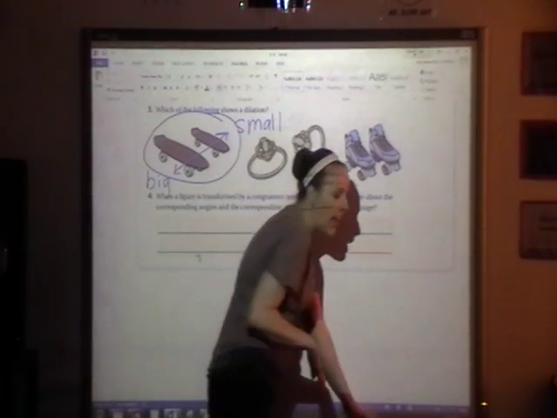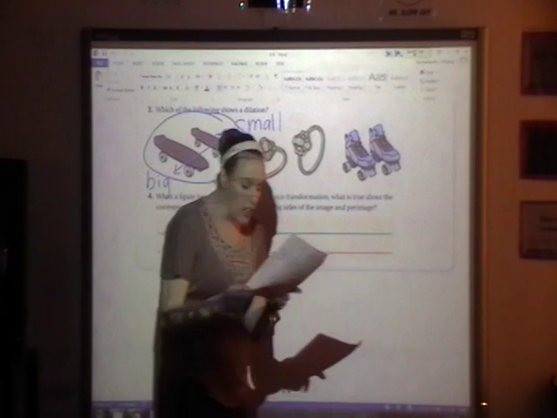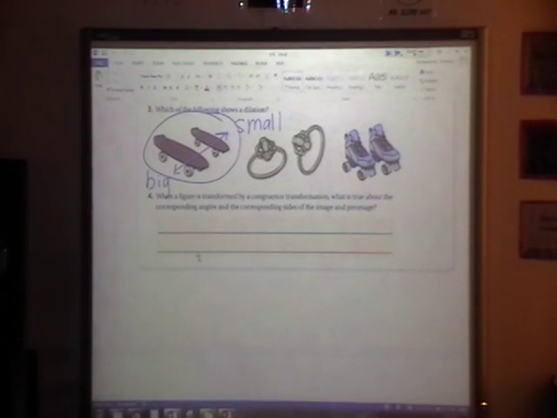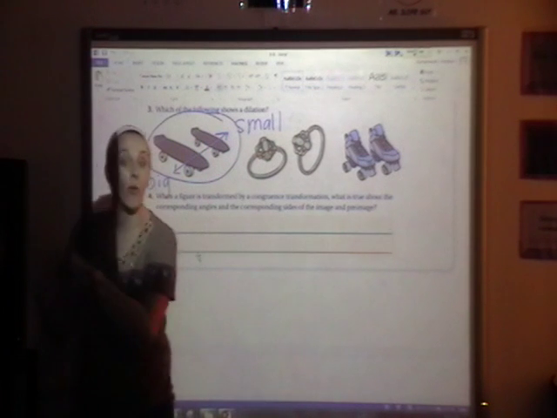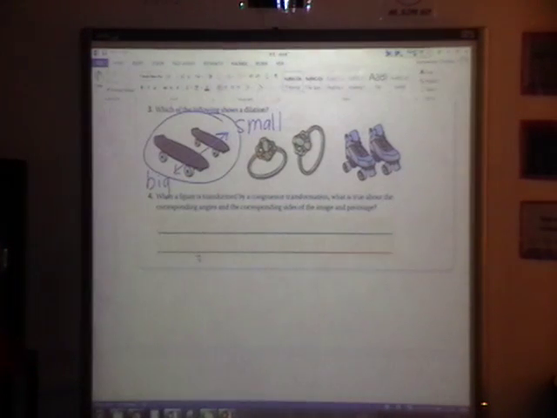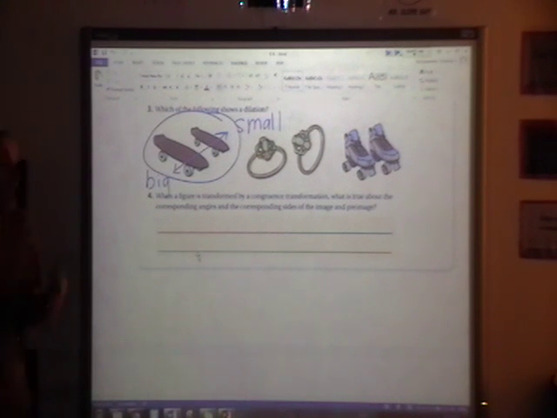Okay? And it says, when a figure is formed by congruent transformations, what is true about the corresponding angles and the corresponding sides of the image and pre-image? Remember, image is where you ended up. This is my image. Your pre-image, pre means before. So the pre-image is before I did anything, before I touched it or manipulated it.